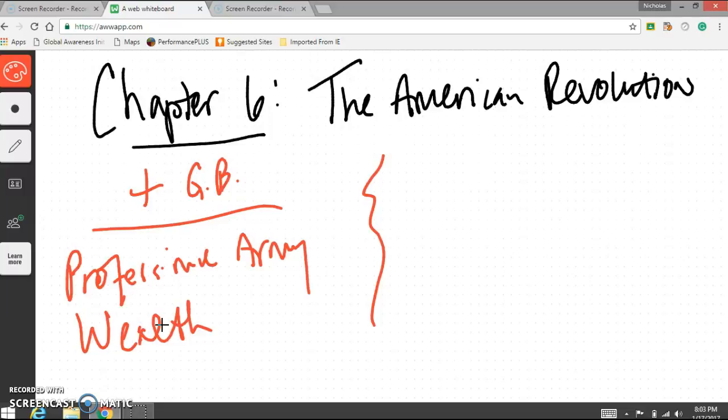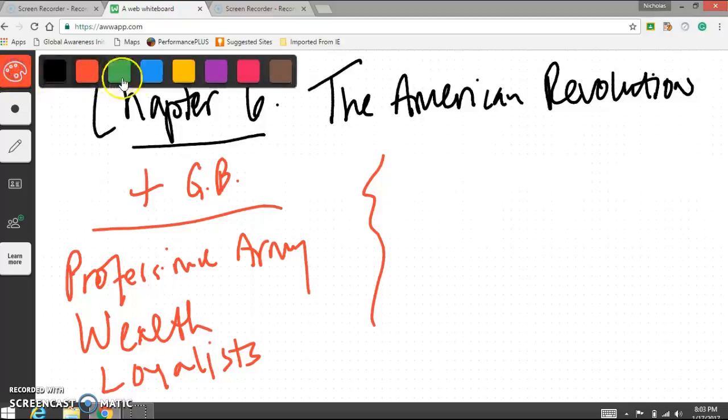They had a navy, they had fought wars before, they had an organized government, they had a lot of loyalists still in the colonies. Great Britain was the most powerful country in the world, and they had all those advantages going for them.